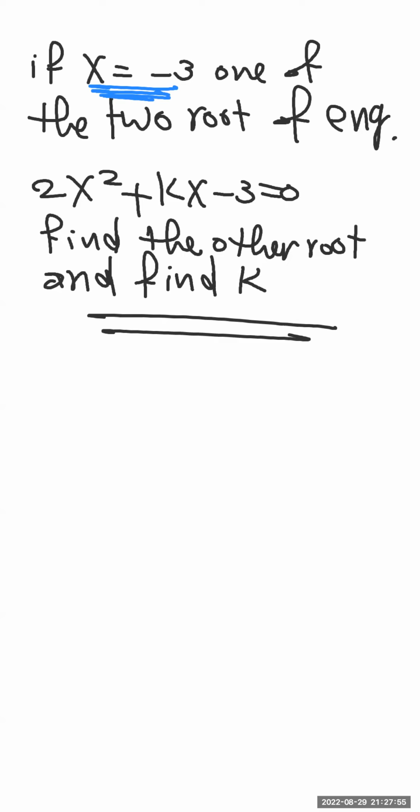Now, if I use the sum, the sum will equal k over 2. I don't know k, and the sum also is not given, so I will not be able to solve the question. But if I say that the product equals c over a, which means negative 3 over 2.